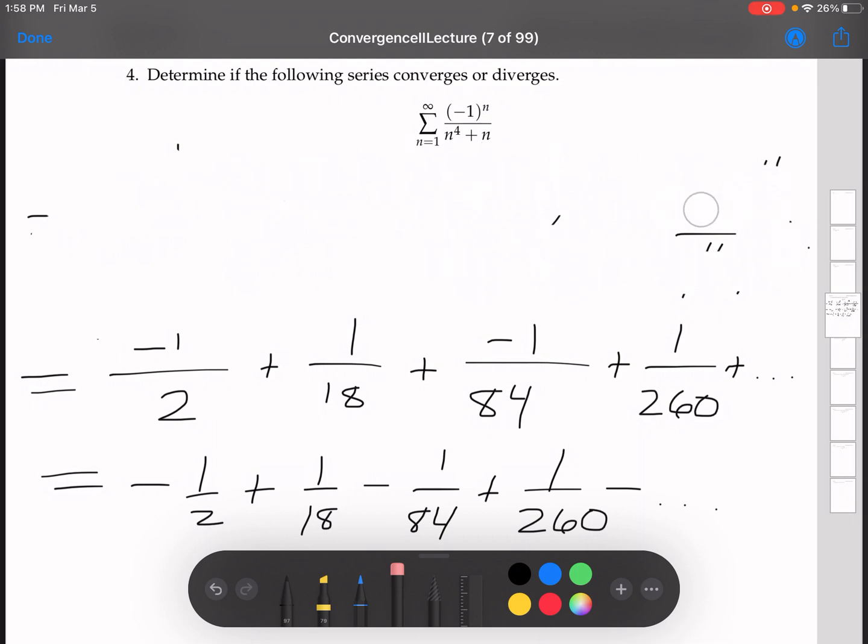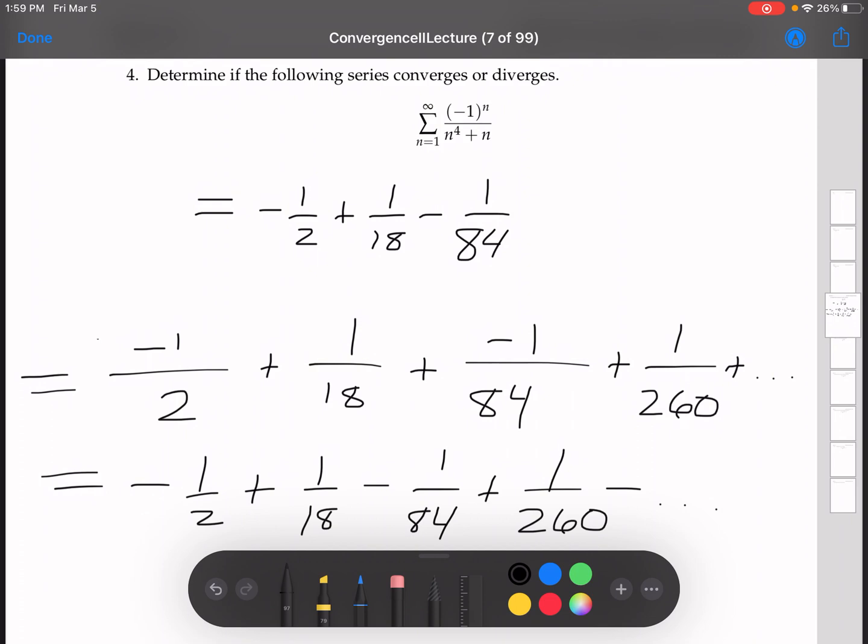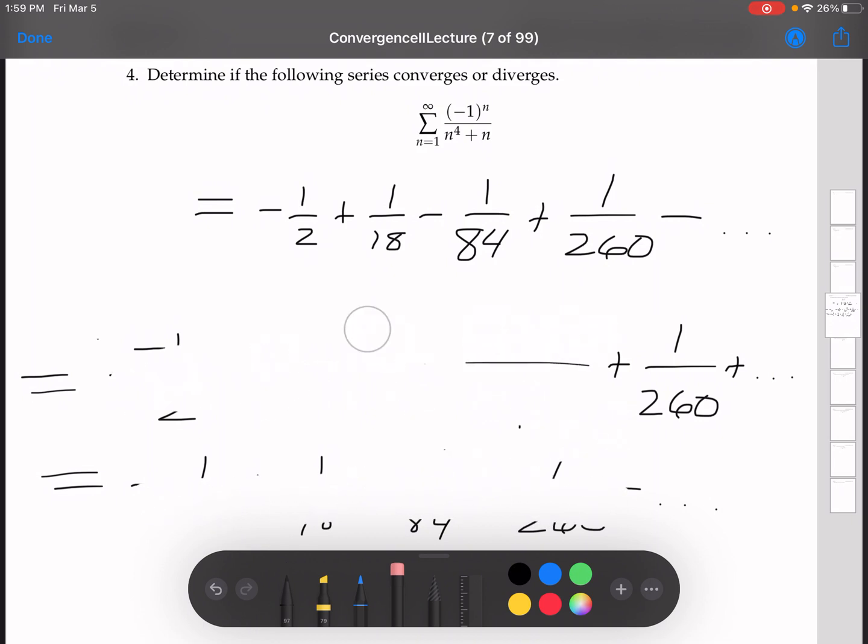And now we want to determine if this alternating series converges or diverges. So let me first just write it up here, to get at a specific point that's going to help you with your homework. All right, so here we have this thing as an alternating series.